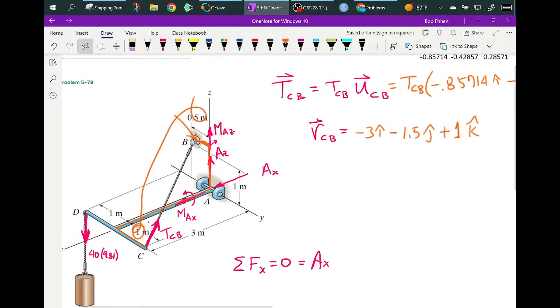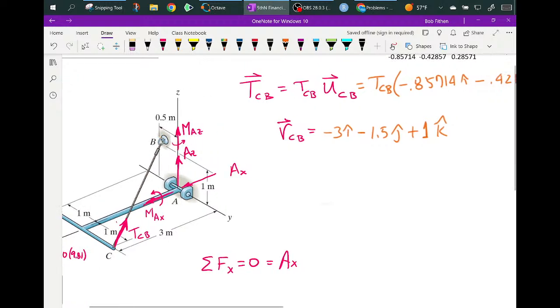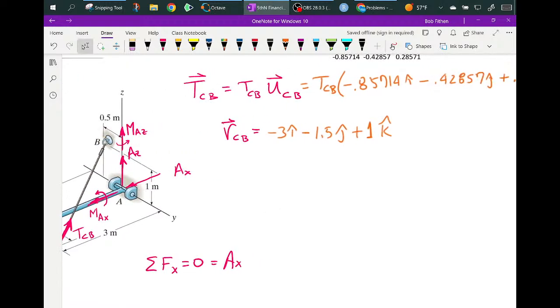So as I sum the forces in the X here, I have, of course, this one, but I also have a portion of that one, minus TCB times 0.85714.